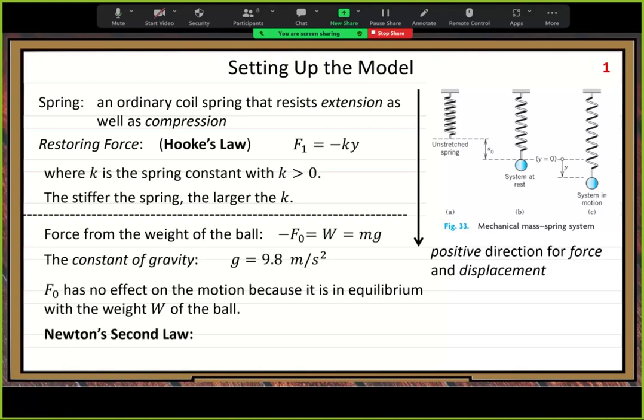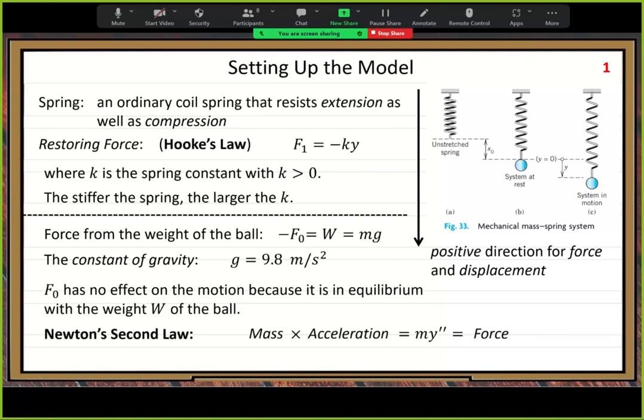Then, Newton's second law. Because Hooke's law only applies on the spring part. Other than the spring, we have several other things outside. So we need to apply Newton's second law on the whole system, more than just the mass spring system, because we have other forces.